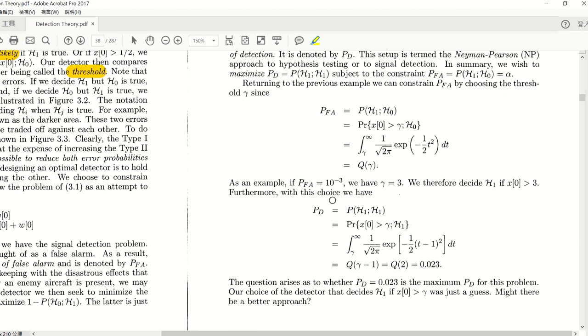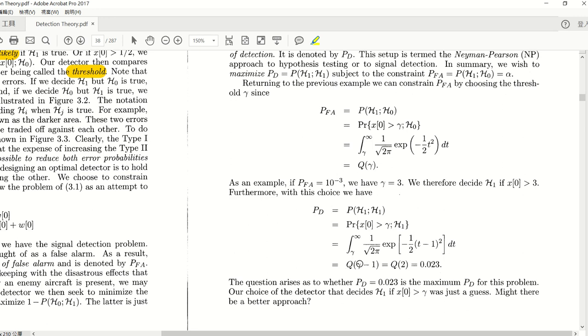Okay, and then furthermore, for this choice, we are going to have PD equal to the probability of H1 conditioned on H1, x larger than gamma. It is the same thing here, except it's conditional on H1. Then your distribution is centered at the mean of H1, which is 1 here. We have a lot of ones, right? So this is the Gaussian distribution with mean equal to 1.